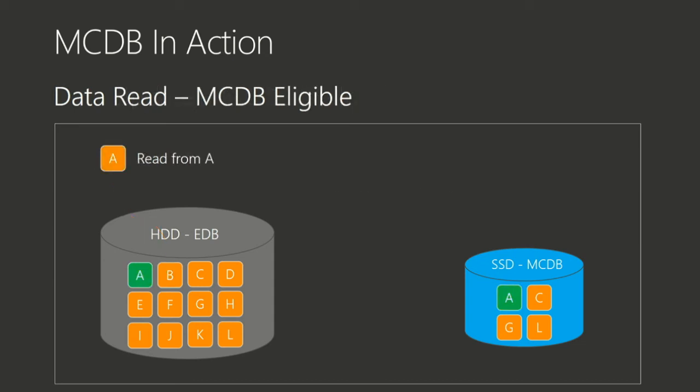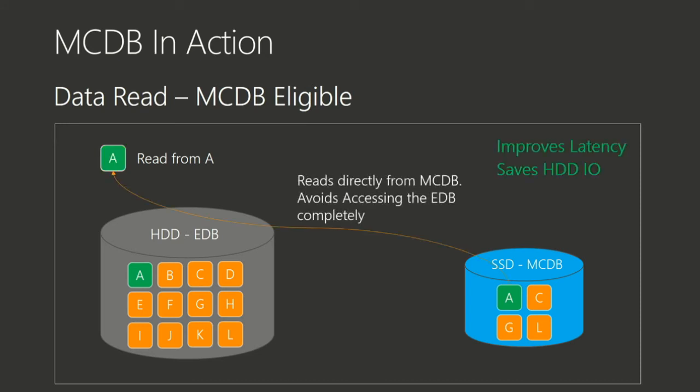Now this is the part that gets very interesting. This is when we go and read data. A, as we knew before, is in the primary database as well as the MCDB database. So when we read A, we're going to read directly from the MCDB on the SSDs. We're completely avoiding accessing the HDD for that scenario, so this improves latency, and it just saved us that I/O from the hard drive.